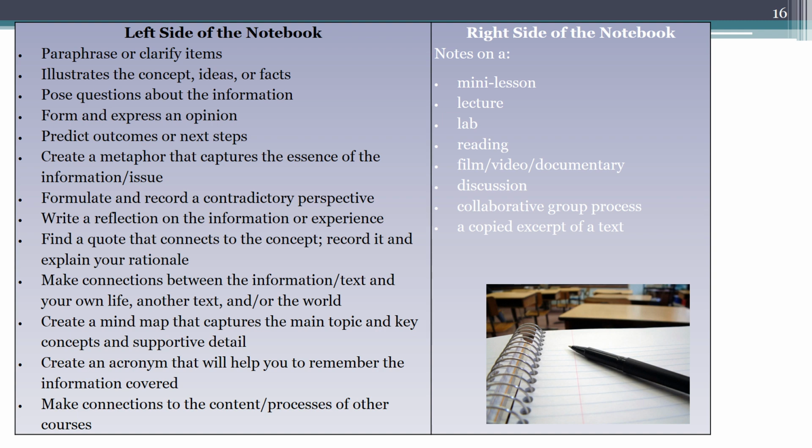On the left side, this is where students are reacting in some way. So they can predict, they can reflect, they can question, they can challenge, they can make connections, they can create a mind map. It's only limited by your strategy, your thinking, and what you want kids to get from the content that you're teaching.